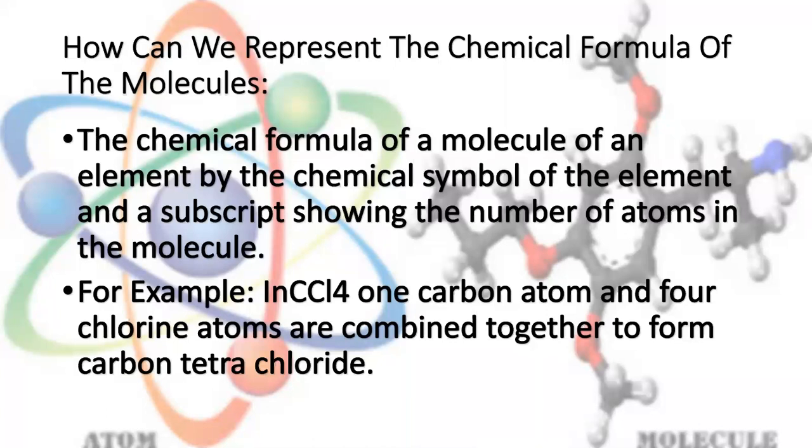So we use the symbols of the elements which are taking part in that formula. First of all, we take the symbol, then a subscript, a number. It shows the atoms in the molecule. Whichever symbol is taking part how many times, we represent it by a number.